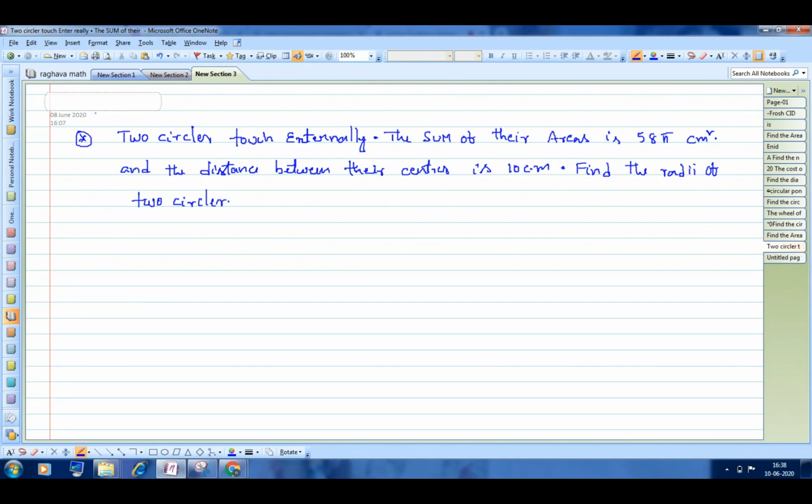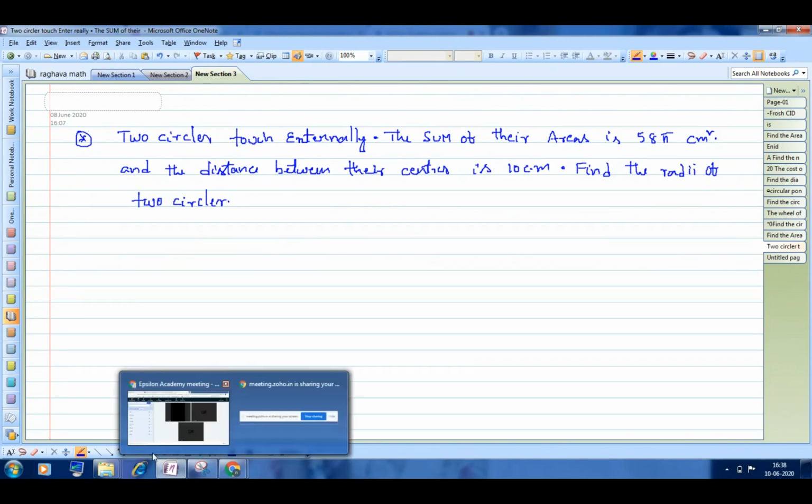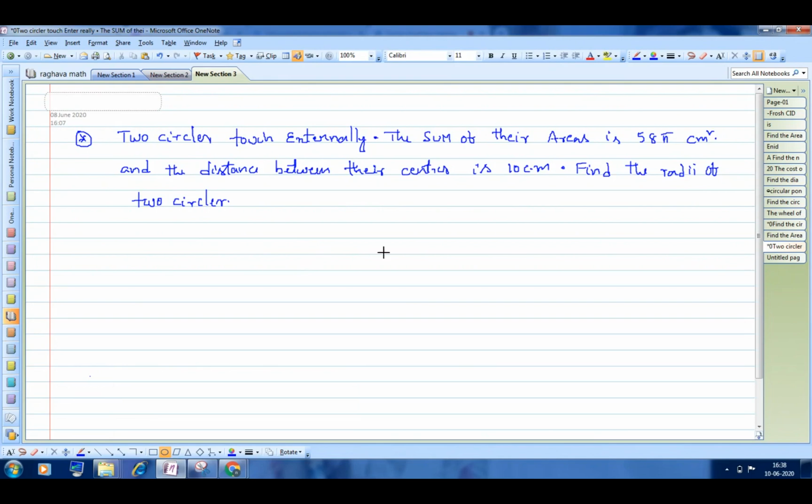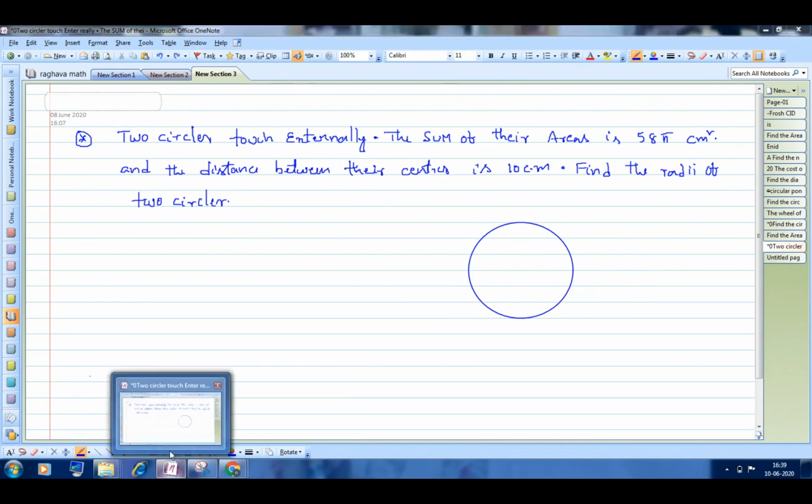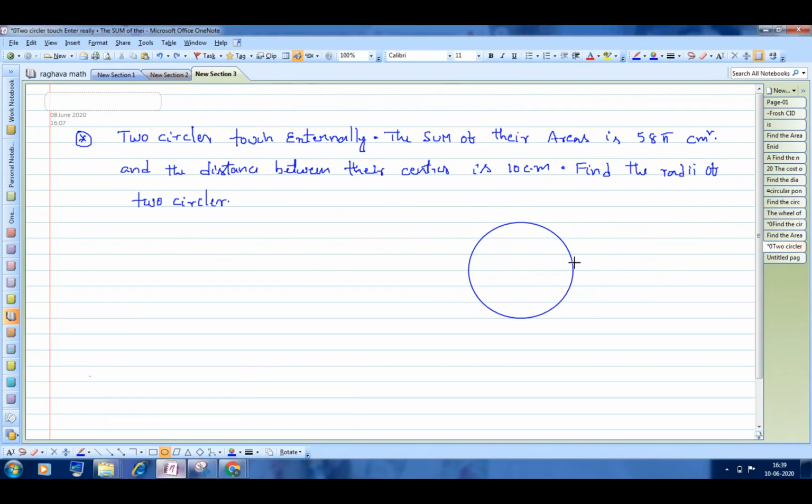Two circles touch externally. I will give a clue for this and you can proceed. Suppose this is one circle, this is another circle, like this, for example.